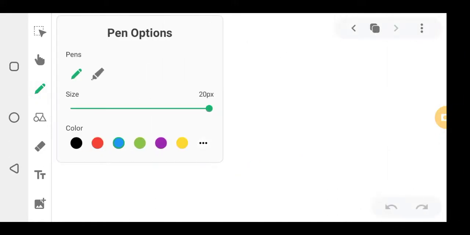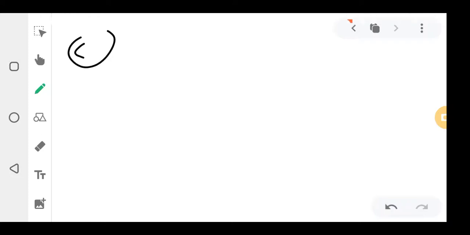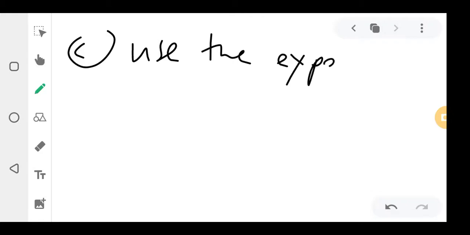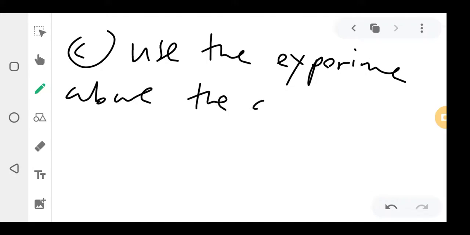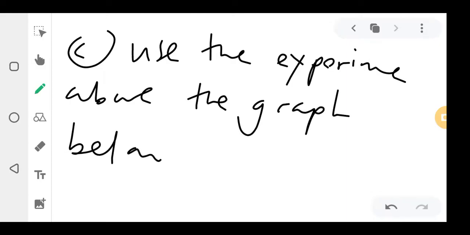Okay, question C. We are going on to question C. What was question C saying? Question C says, using the experiment above, the graph below was obtained.